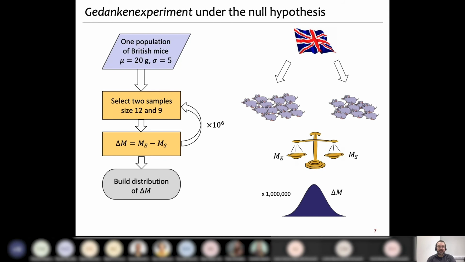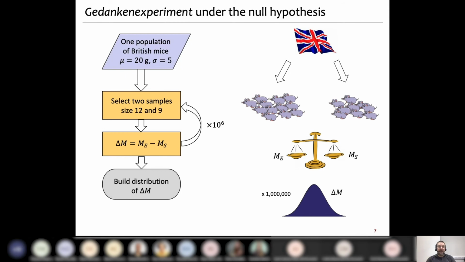There are no English mice, there are no Scottish mice, there is just one population of British mice with a mean body weight of 20 grams and standard deviation of 5 grams. What we do now, we select randomly 2 samples of mice from this British population. One sample size 12 and one sample size 9, exactly like in our original experiment.